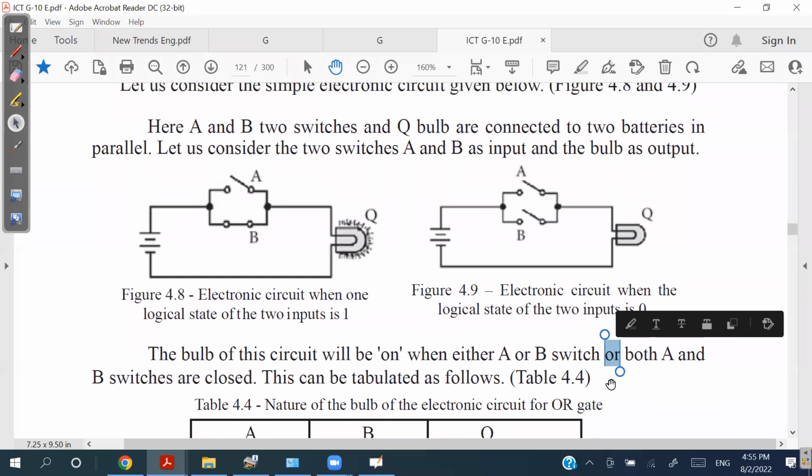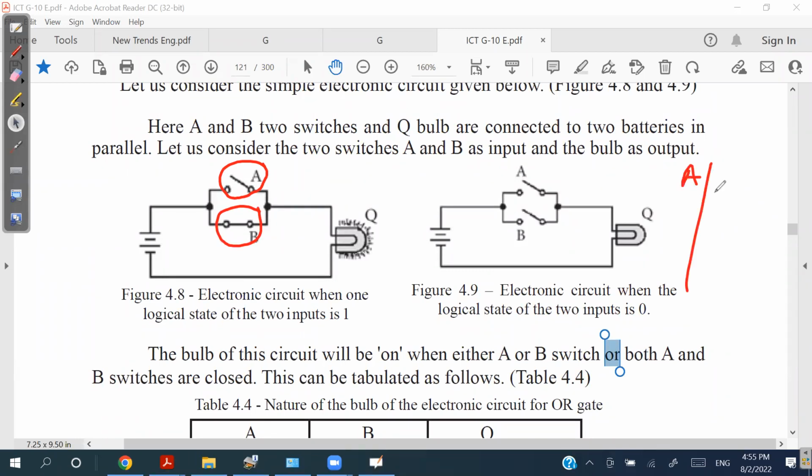Look at this. In here, they have taken the same logic, switch A and switch B. So we are trying to implement the OR circuit using the bulb.